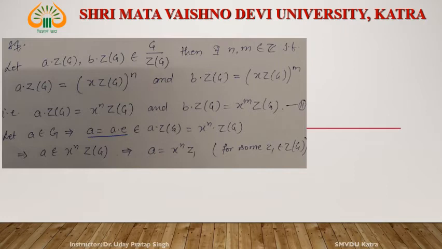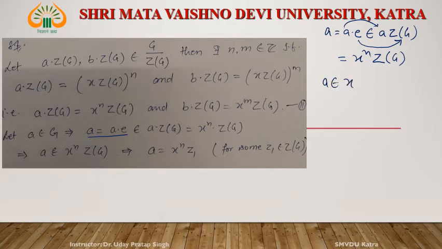Now, a can be written as a·e, and this belongs to aZ(G), where a is a and e belongs to Z(G). Then what is a? a belongs to x^n Z(G).